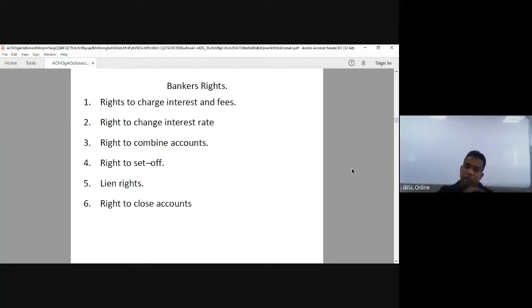We say it's a fixed rate. When we are lending, we have two ways that we charge interest. One is a fixed rate, the other is a variable rate. Variable rate means that when the market condition changes, the interest rate changes. It can go up or down depending on the market condition.